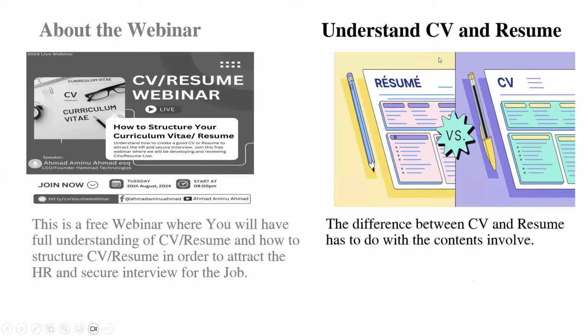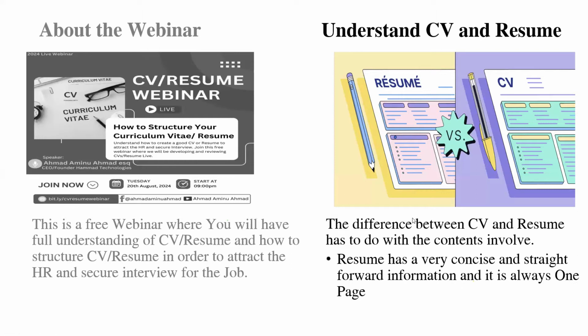So I'll go ahead and write that a resume has very concise and straightforward information, and it is normally one page. It has straightforward information about you. You don't need to tell them you are married. All you need to do is go straight to who you are.